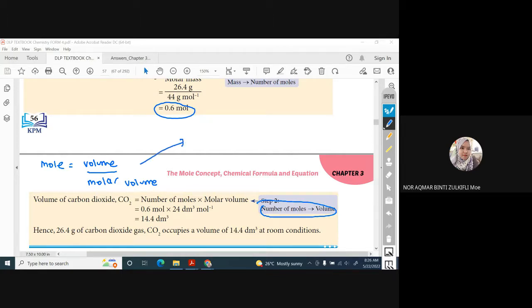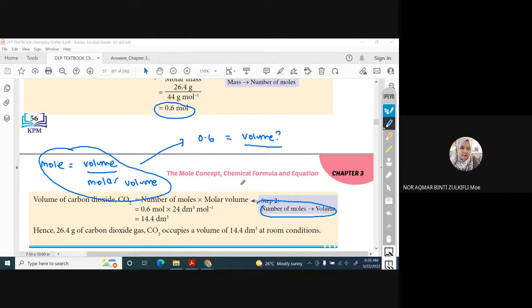Because the textbook is very direct, I want to show you step by step. From the basic formula, substitute. You have 0.6 equal to volume, which we want to find. You don't know the volume.